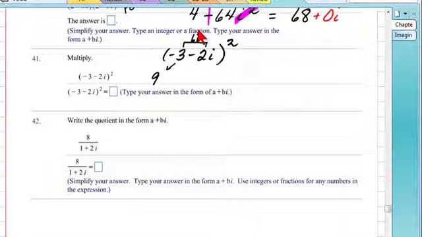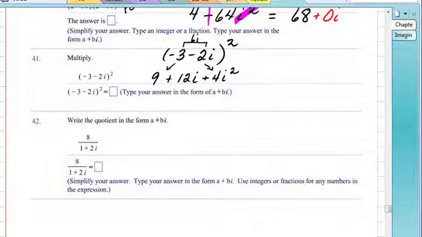That represents the outer and the inner, so I need to double it. It's not going to be 6i, but 12i. Then I square the last. Negative 2i times negative 2i is positive 4i squared. If this were a polynomial, I would be done. But it's not. It's a complex number. And does everybody see i squared? And what does it do?